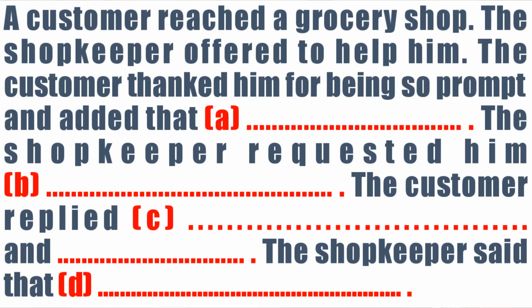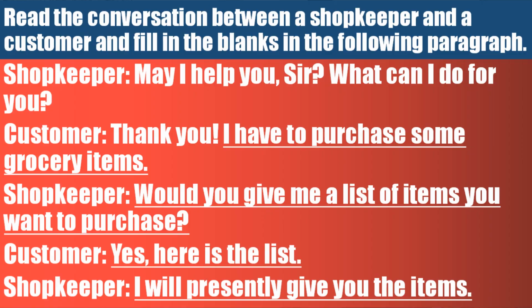You can see blank A, blank B, blank C, blank D, and these blanks will be filled by these sentences which have been underlined, but they will not be directly filled. You can't pick them like this: I have to purchase some grocery items. You have to change this part into reported speech or indirect speech.